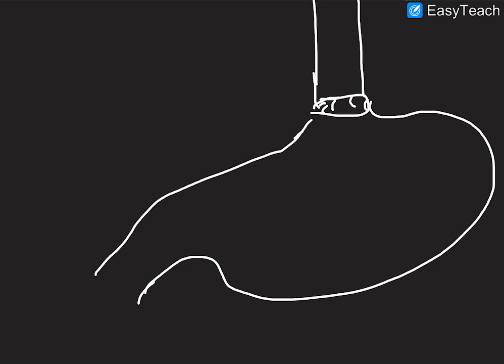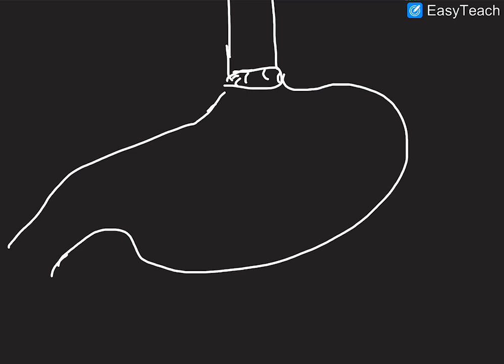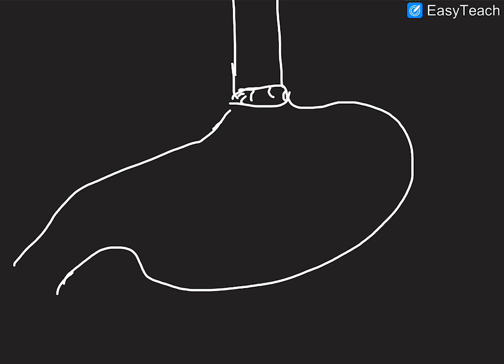Let's say that's your stomach, even though it's a horrible drawing, and what we should know is your vagus nerve. I'm going to draw the vagus nerve here, supplying your stomach.